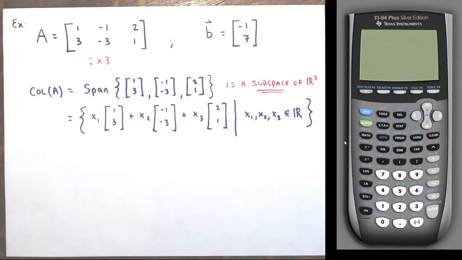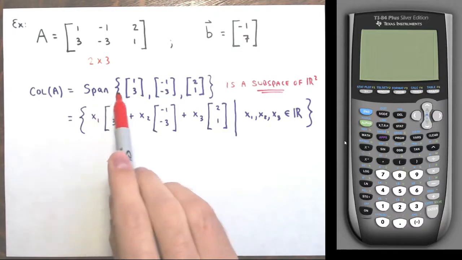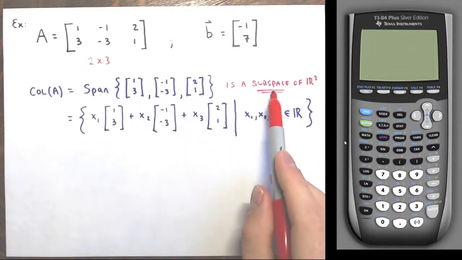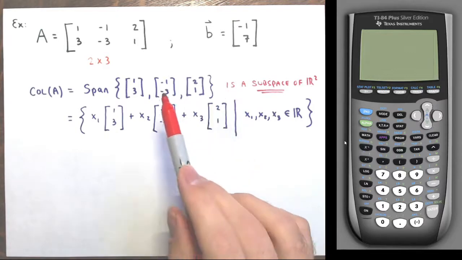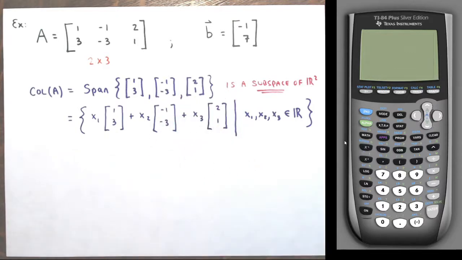Remember, it could be all of R2, or a line going through the origin in R2, or just the zero vector, but it's not just the zero vector here. Just know that it's a subspace of R2.